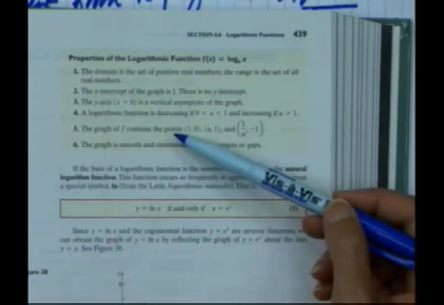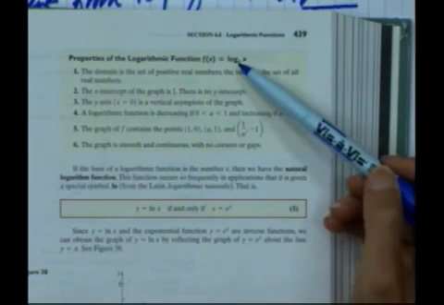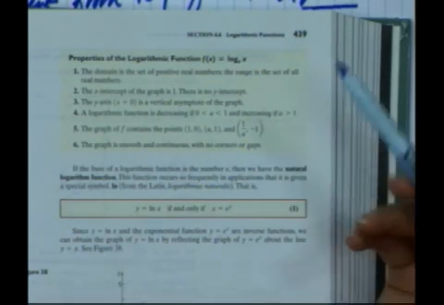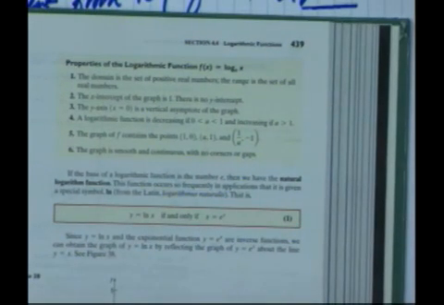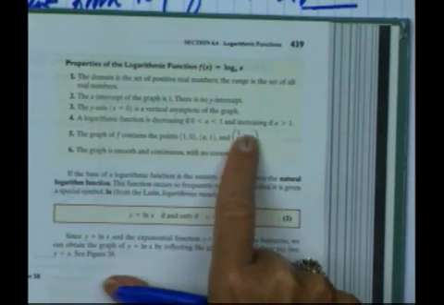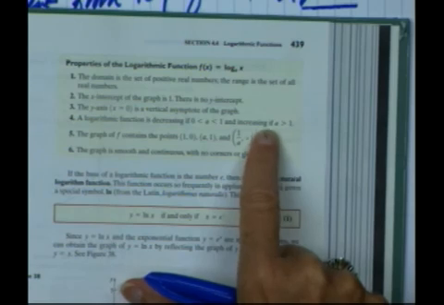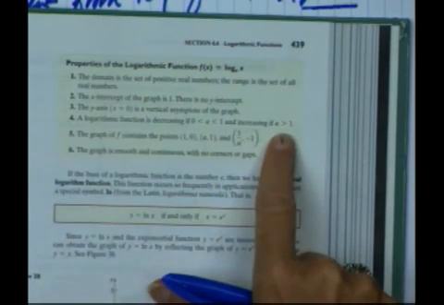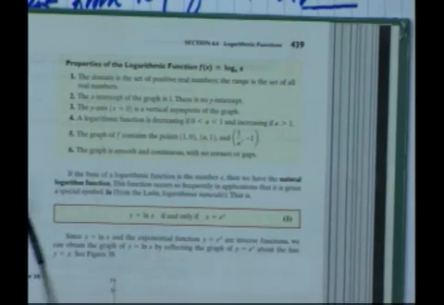Okay, it's talking about increasing and decreasing. That depends on your value of a, because when we had a being a number bigger than 1, you had exponential growth for exponential functions. So when you do the inverse, which is the log function, your log function will increase for a bigger than 1. And you remember when you had an exponential function with a between 0 and 1, that was your decay curve.